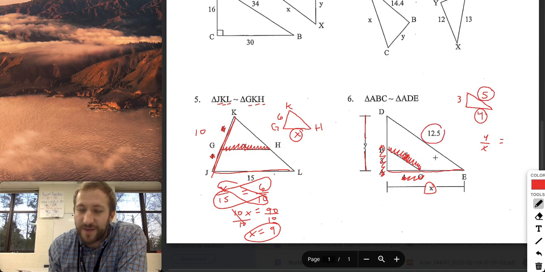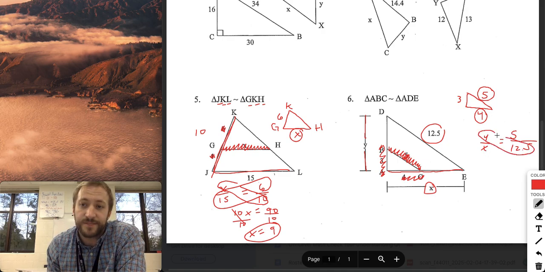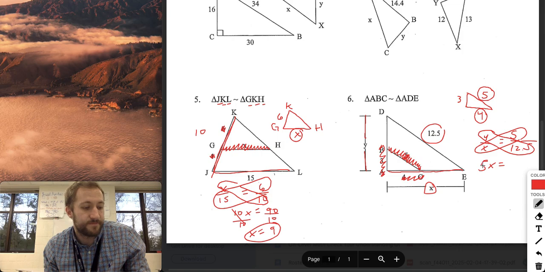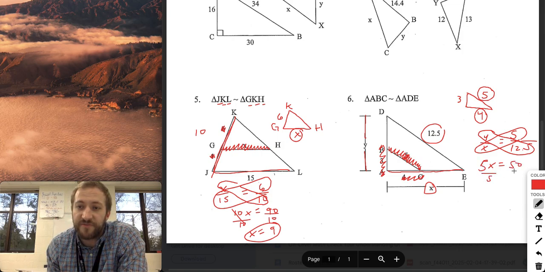I'm not going to use the y because I can only have one variable here in this proportion. 5 over 12.5. Notice I have 4 and 5 both on the top, both from the new one, x and 12.5 both on the bottom. Let's cross multiply. 5 times x gives me 5x. 4 times 12.5 gives me 50. I'll divide them both by 5, and x is equal to 10.